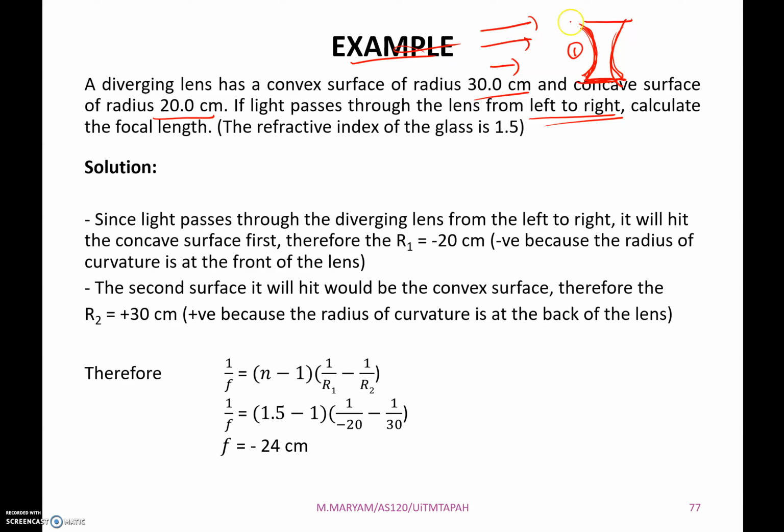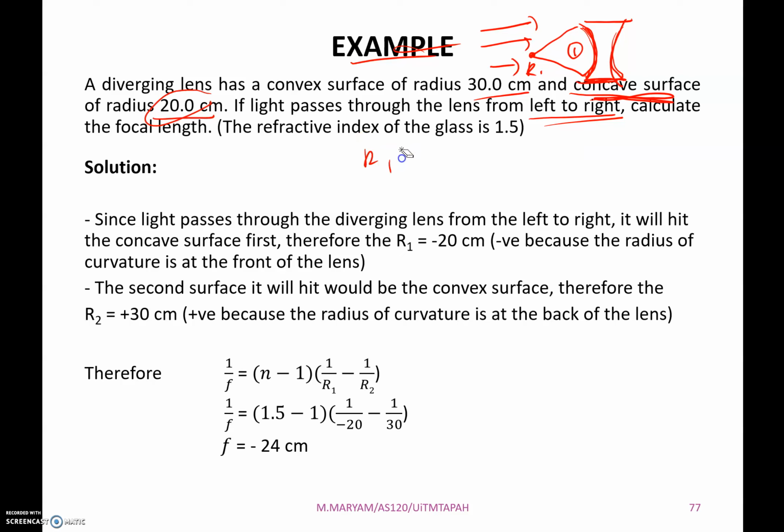When it hits the concave surface, the radius of curvature will be here, the inner side of the surface. So this will be my R1. Since it is at the front of the lens, and the concave surface value is 20 cm, my R1 will be negative 20 cm.